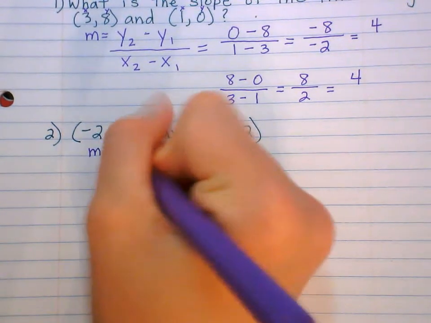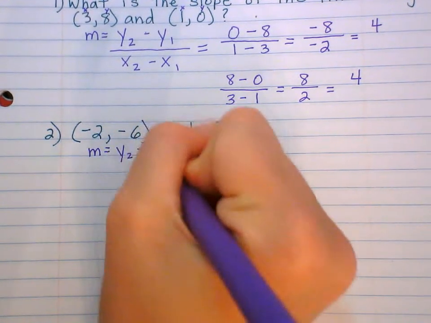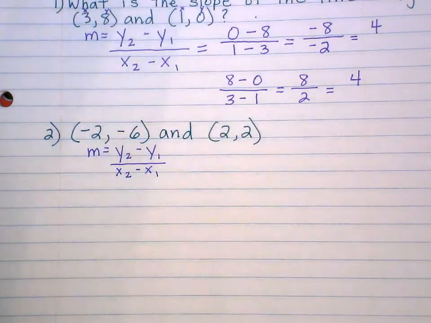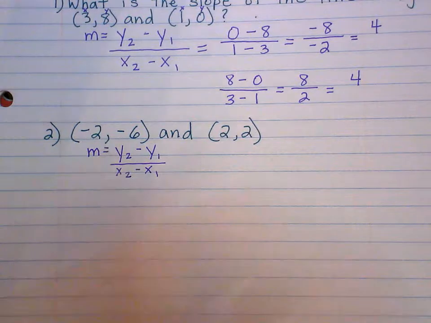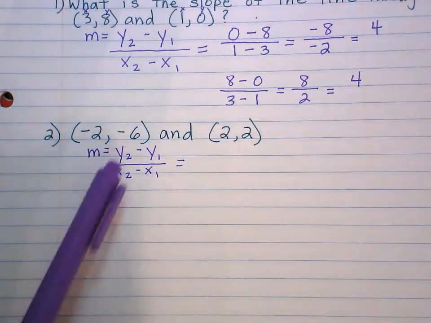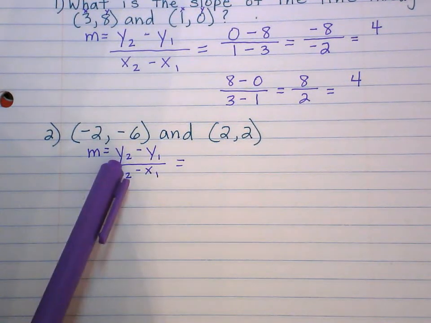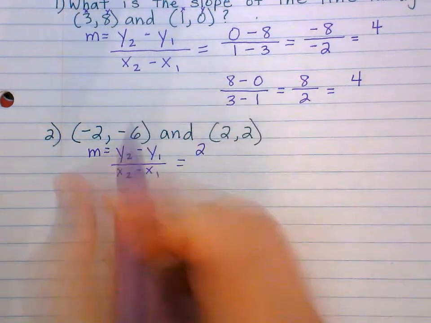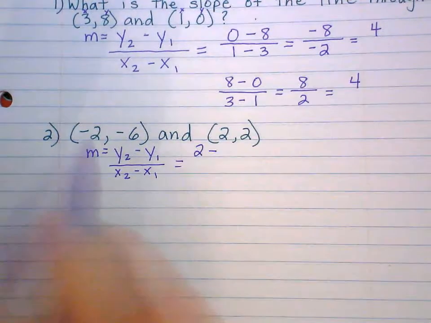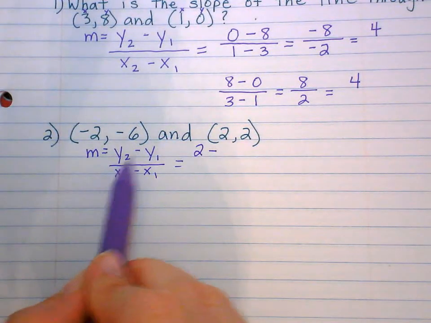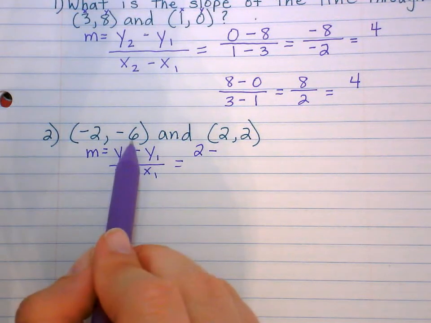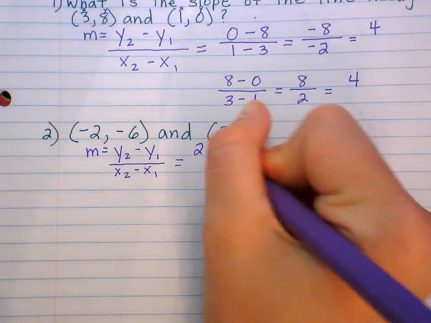M equals y2 minus y1 over x2 minus x1. Okay, so what does that mean? So I need to subtract the y values. So y2, so we're going to start with the second y value, 2. Bring down the minus, okay? So I did the second y value minus the first y value. Well, the first y value is right here, negative 6.